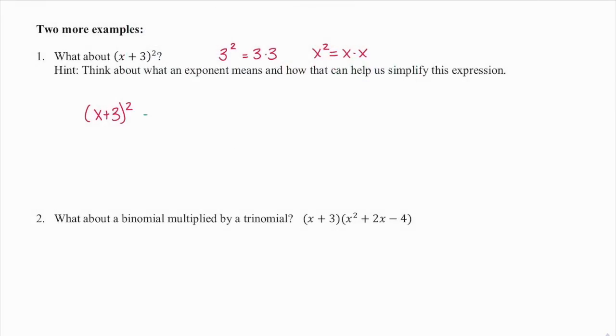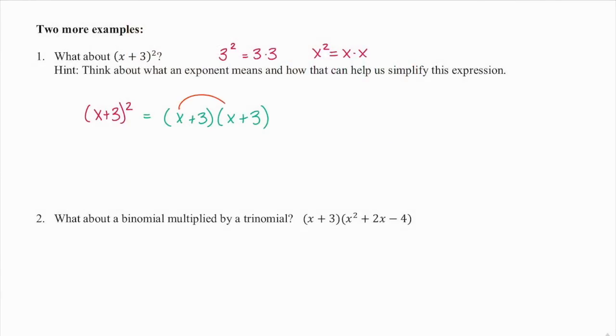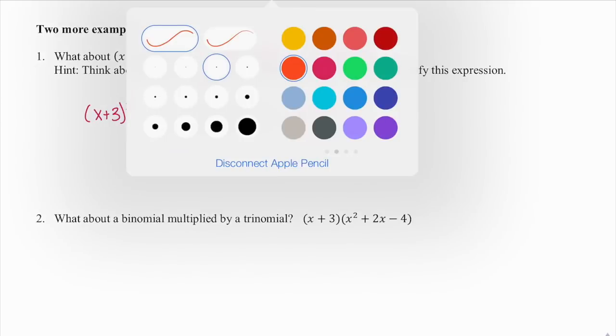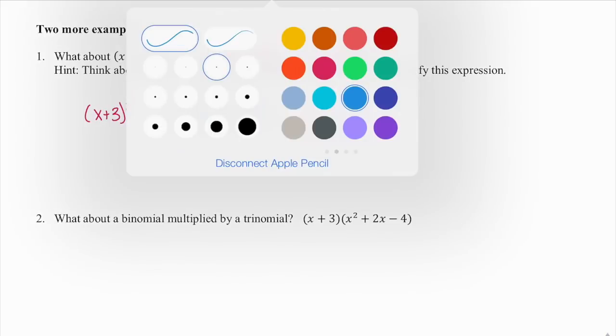If I'm using the definition of exponent, then I know it's my base times itself. And then I am just going to distribute the first times the first. So x times x, which is x squared. My x times the 3, which is my outer two terms, 3x.